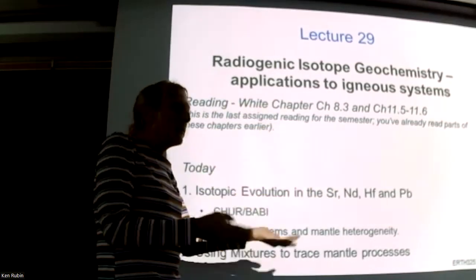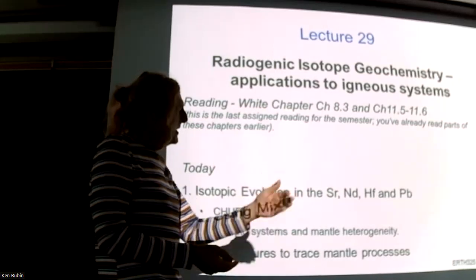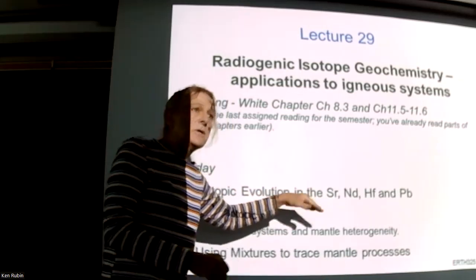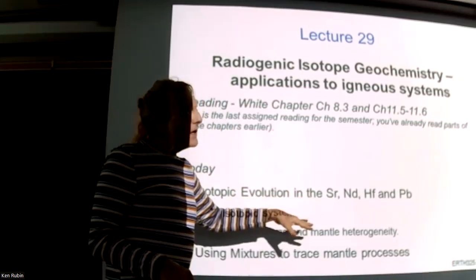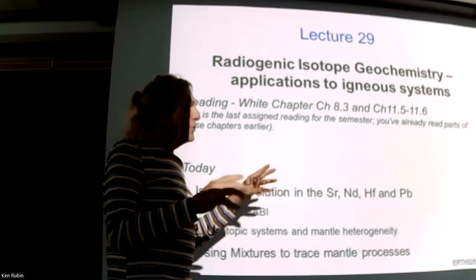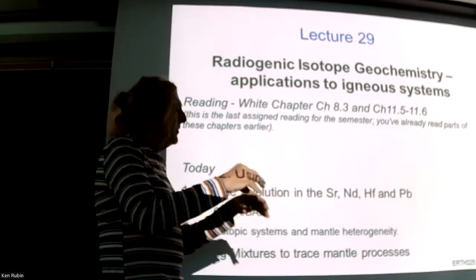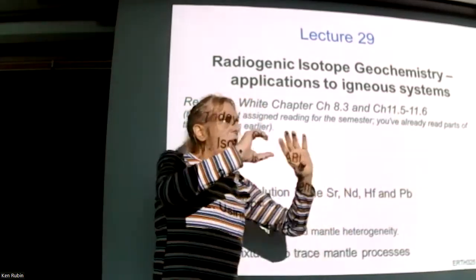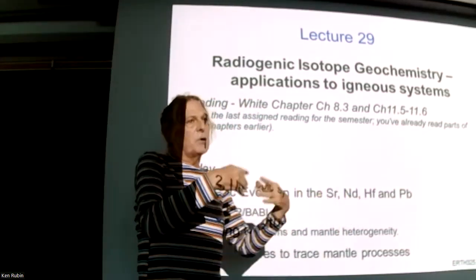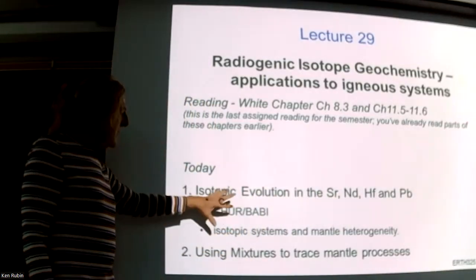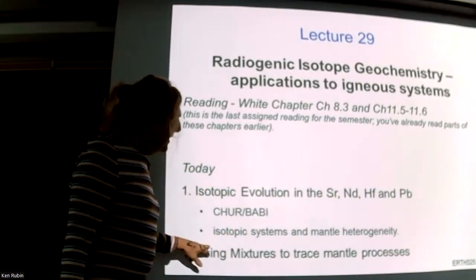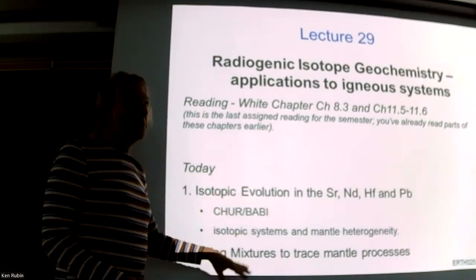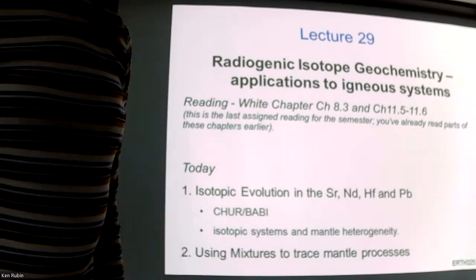But just like when we do rare earth diagrams or extended trace element diagrams, when we normalize by a chondrite value, in this case, we're not really normalizing per se, but we're subtracting the initial value of the planet off, so that then when we look at variations in the isotopes of these things, we're looking at stuff that happened since then, right? We're looking at the radioactivity. So we'll talk about that. And then at the end of the day, and this will continue in the next time, we're going to talk about how we can use the power of isotopes along with trace elements to talk about mixtures.